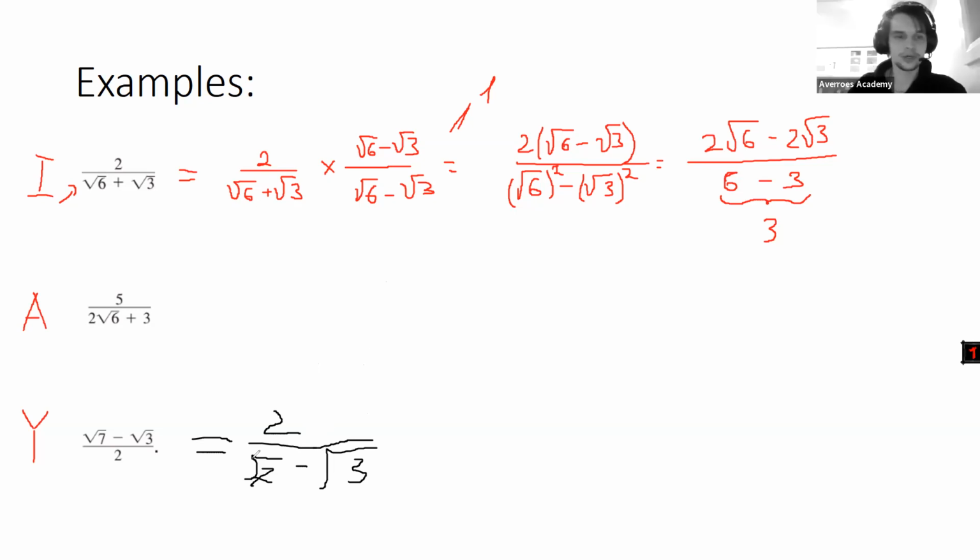Okay, but what you did, you found the conjugate to the whole bracket, basically. Yeah. But now we are trying to simplify either the denominator or the numerator.